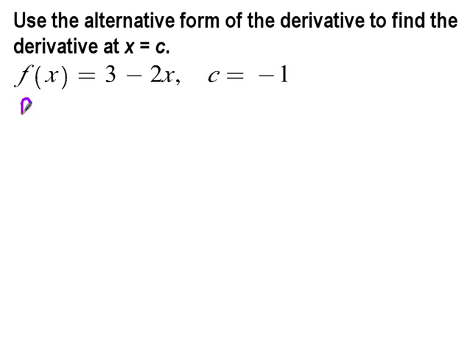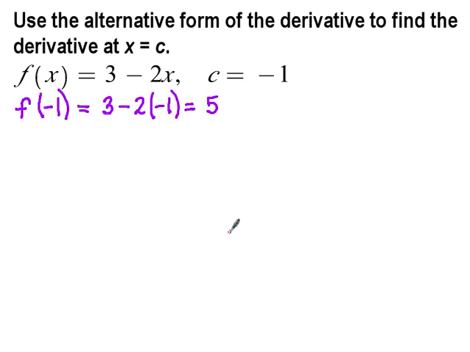So in this case it would be f of negative 1, because that's what f of c is. So what I'm going to do now is plug negative 1 in for x, just like what I did on the previous slide. So what do you get f of negative 1 to be? 5.